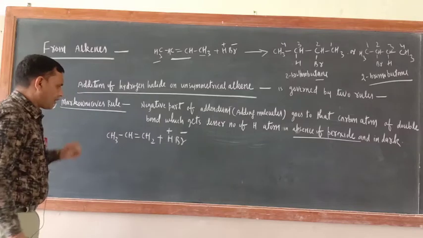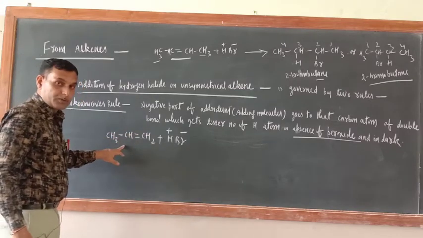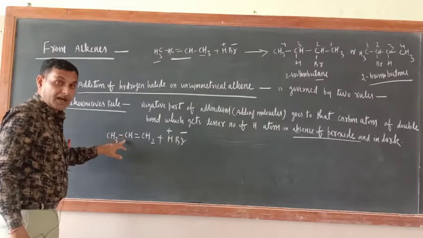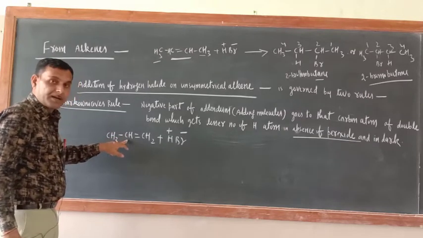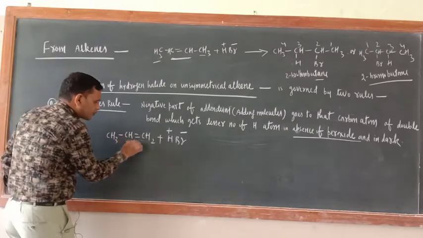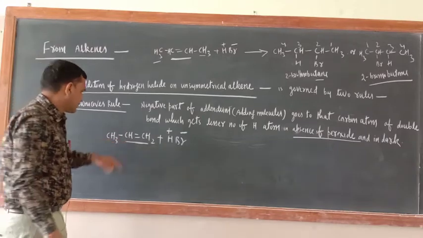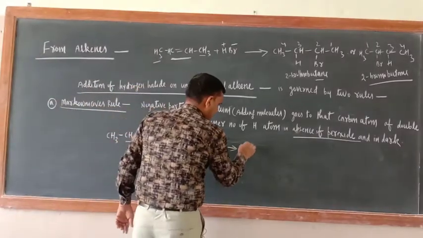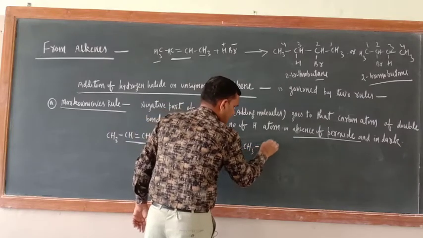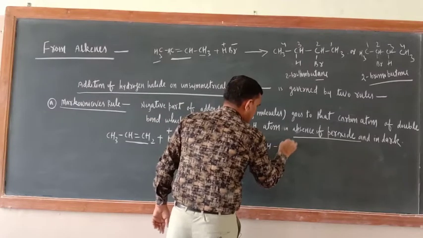Okay, now try to understand. Negative part goes to that carbon atom of double bond which contains lesser number of hydrogen atom. So out of these two, which has contained lesser number of hydrogen atom? This one. So what is the product here? The product is CH3 here CH, here Br, here what is there?